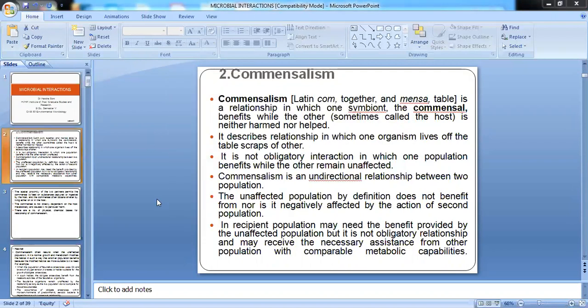The same thing may be possible if the commensal receives the same assistance from another population with a similar metabolic capacity. That means if one partner is not ready to contribute to the charity, some other partner of a similar metabolic capacity can contribute.